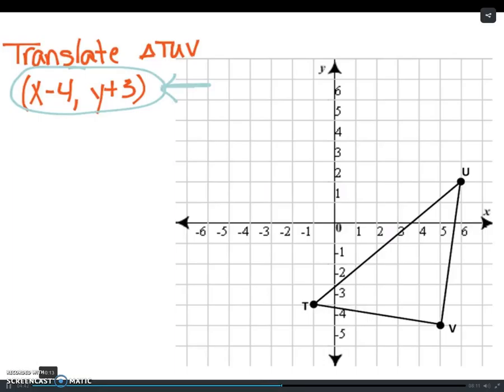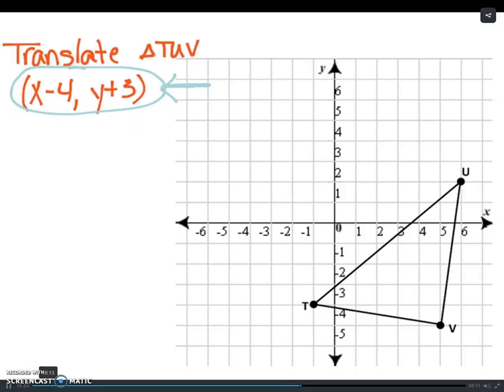Okay? Every time this will change. Sometimes you will have something added to both x and y. Sometimes you'll have something subtracted from both x and y. Sometimes one might be added to, but the other one might not be, or subtracted from, and the other one isn't. So just keep in mind that that formula is going to change depending on what translation they want you to perform.